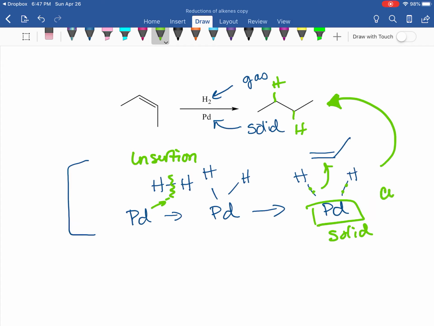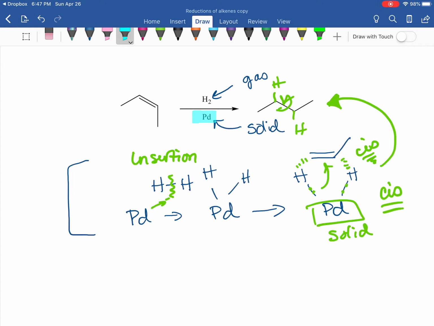And so with our process there, the one thing to keep in mind is that this is a solid and this reaction is happening on that surface. So if we want to consider stereochemistry, these will always end up cis because they're literally happening on the surface of a solid. And so your alkene is then adding into those bonds, and those bonds are forming on the same face. So your products will be cis.